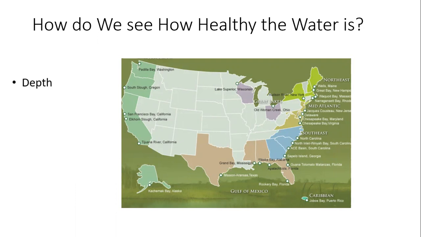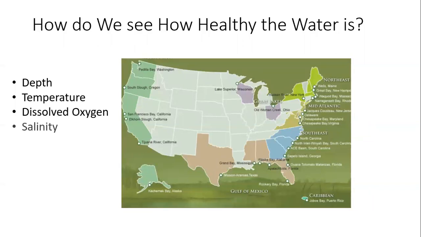So we're going to look at what depth is, the temperature, dissolved oxygen, salinity, pH, turbidity, and chlorophyll. And all these different measurements or parameters all interact with each other. And since we're looking at estuaries, these are really crazy places because these parameters are constantly changing because it's that mix of fresh and salt water.